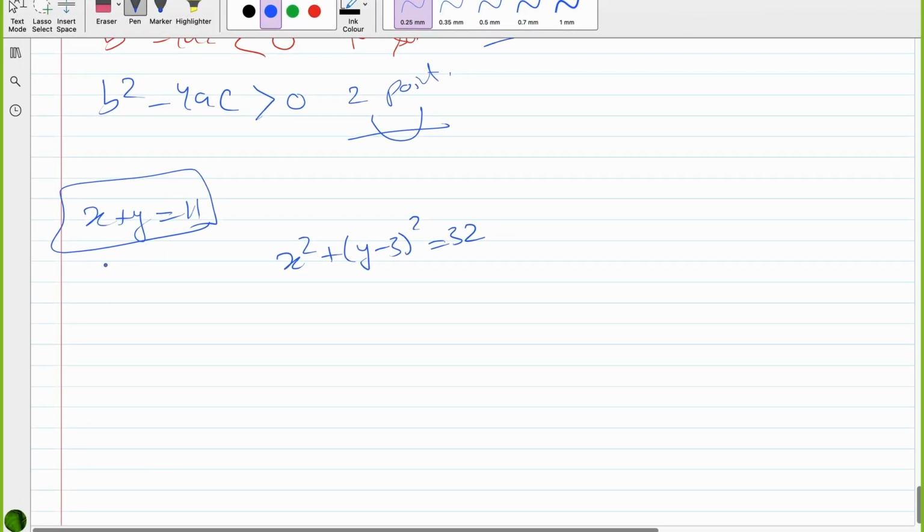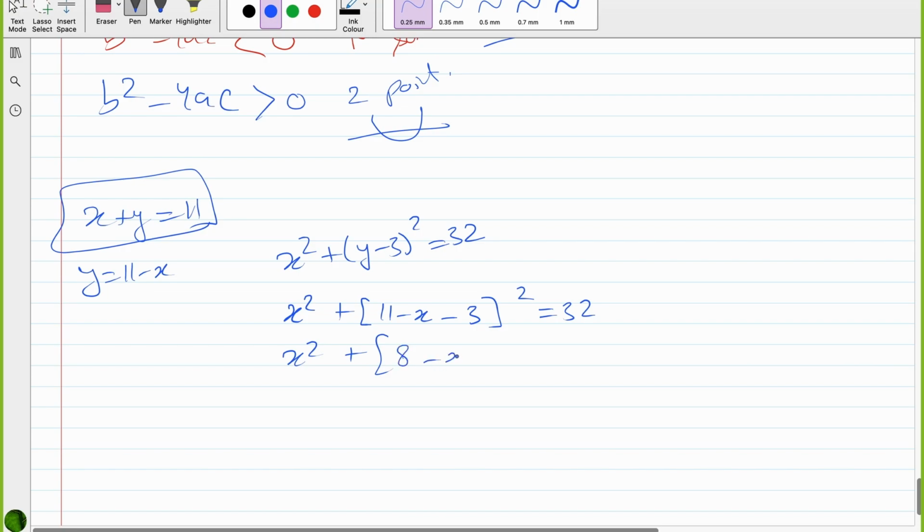So again, making y the subject, y is equal to 11 minus x, substituting it. This is x square plus, in place of y, 11 minus x minus 3 whole squared is equal to 32. X square, we rearrange. 11 minus 3 is 8 minus x whole square is equal to 32.